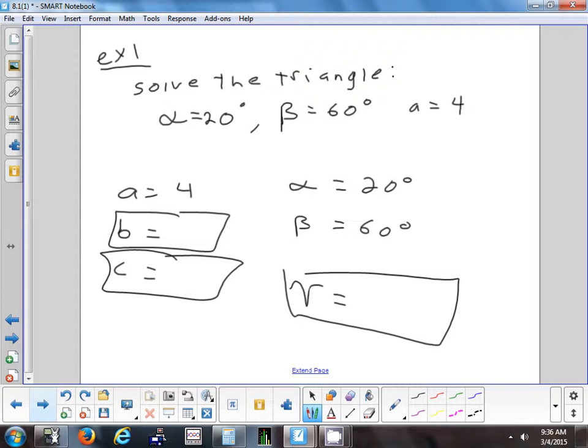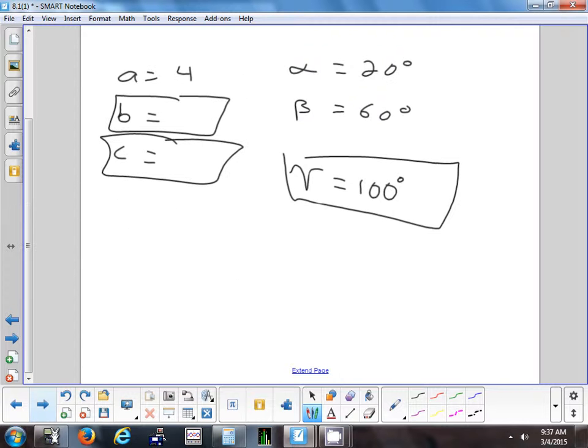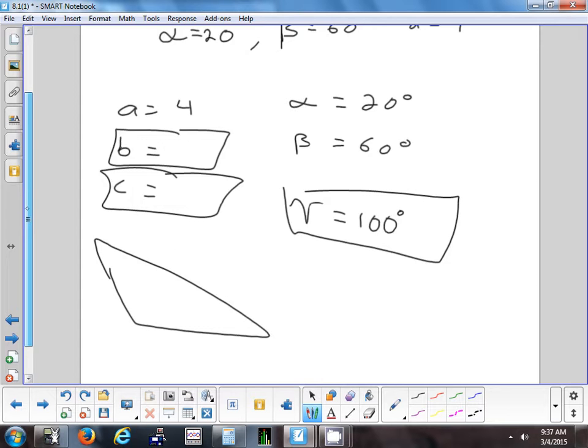Okay, but before I do that, what's gamma? We don't need to know the type of triangle to find gamma. Josh? 100. It's 100. Okay. Let's draw out our triangle. I don't draw it to scale. I just keep A across from alpha, B across from beta, C across from gamma.